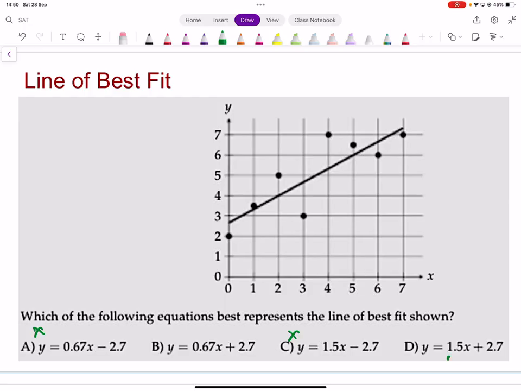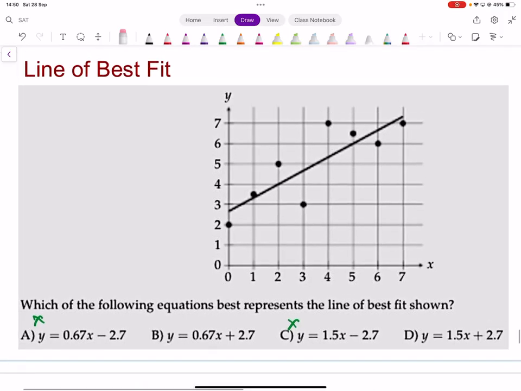Now, the gradients are positive in both of them. So how do we figure out which one it is? You can find the gradient if you want. So in the first and last option, the y-intercepts are negative, so they're not possible.